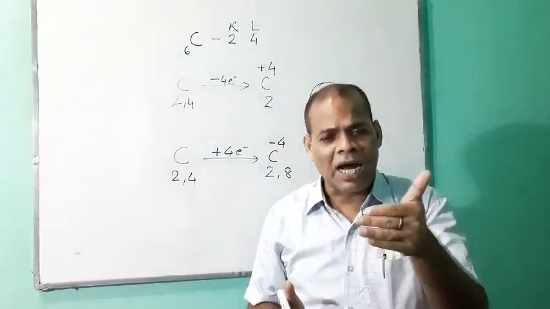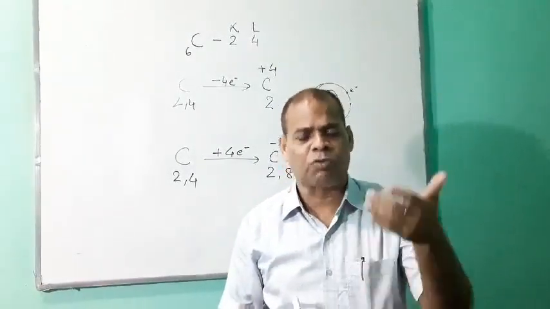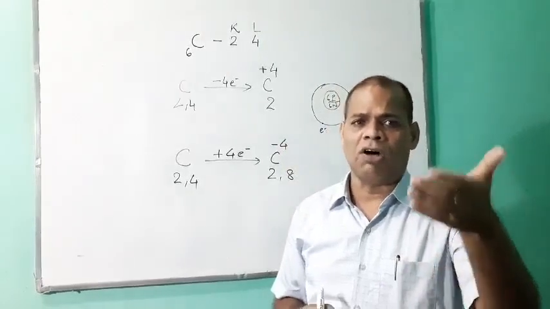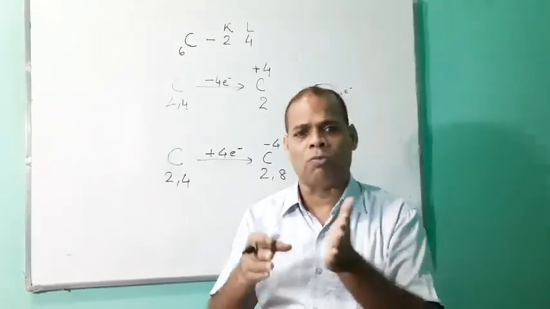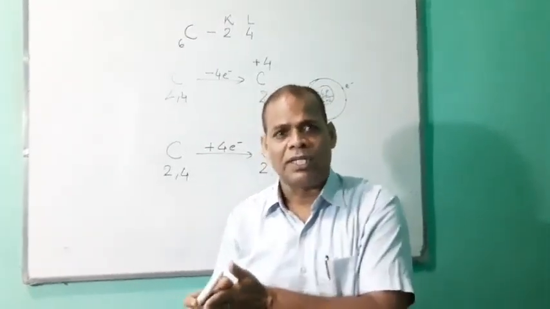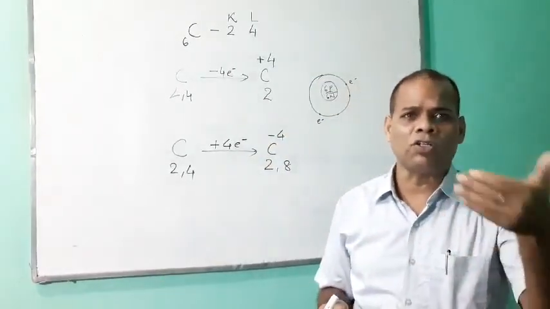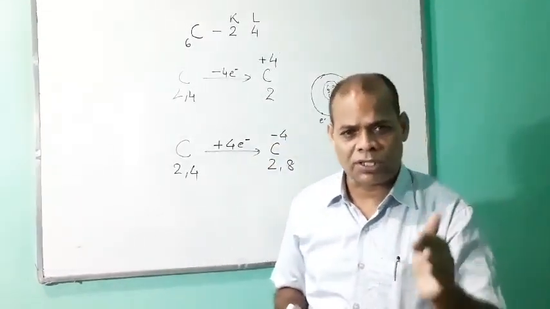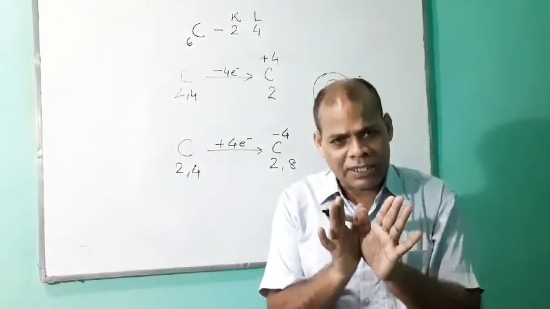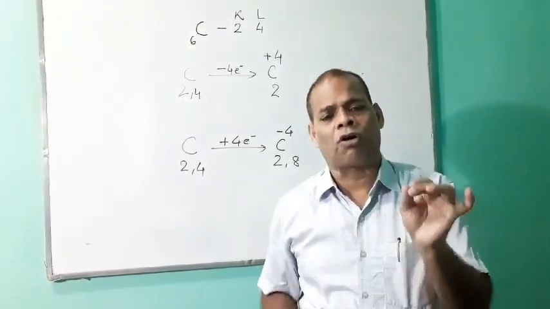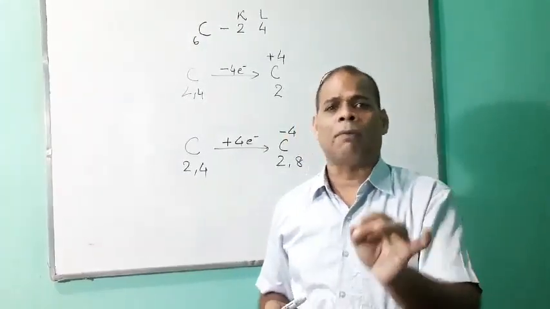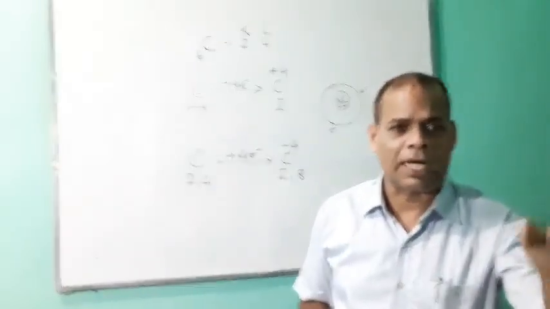Neither does carbon have a tendency to form C4+, nor to form C4-. It means carbon can neither lose nor gain electrons. So there is no question of formation of an ionic bond by a carbon atom.